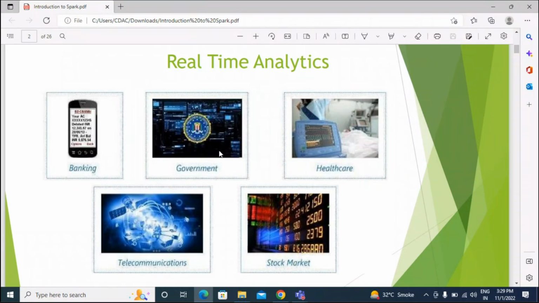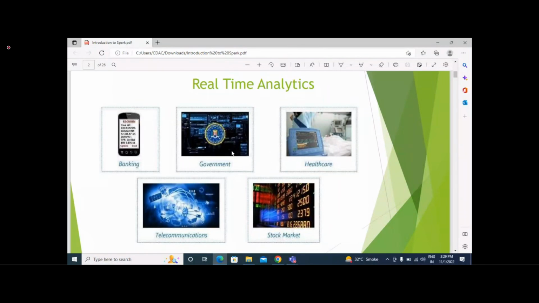If the government has to monitor the borders, they basically need to process the satellite images or the drone images flying around your borders, in order to analyze whether they are facing any kind of intrusion or not, right? So that's also one of the areas where real time analytics is required and data needs to be processed at very fast speed.